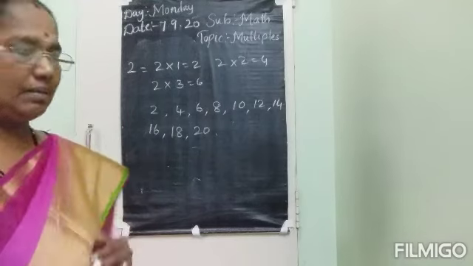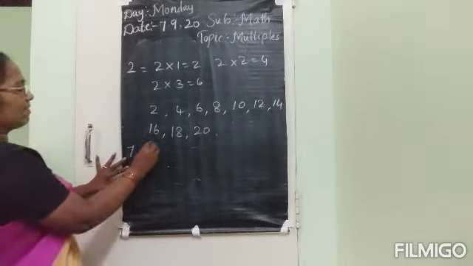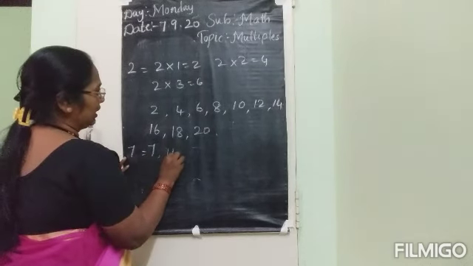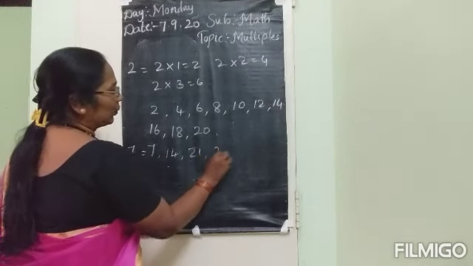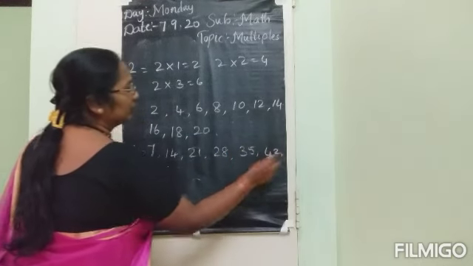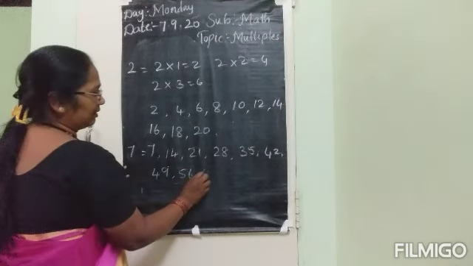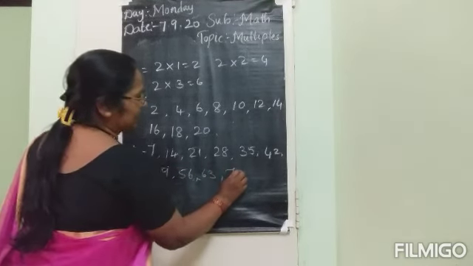Okay, children, can you tell me the multiples of 7? Yes, very good. 7, 14, 21, 28, 35, 42, 49, 56, 63 and 70.